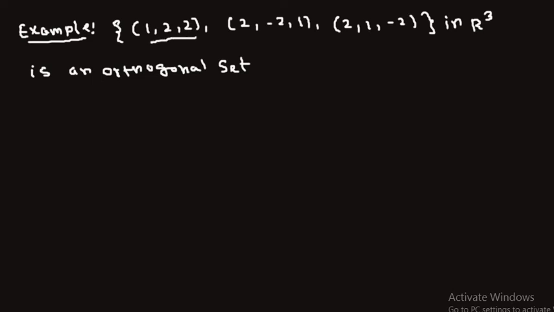So this was our vector. The first one is alpha 1, the second vector we call alpha 2, and the third vector we assume is alpha 3. So we have to multiply alpha 1 with alpha 1.